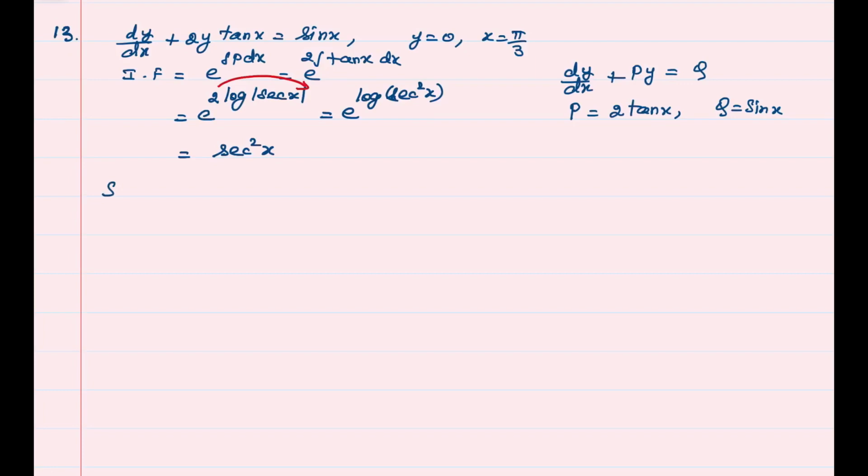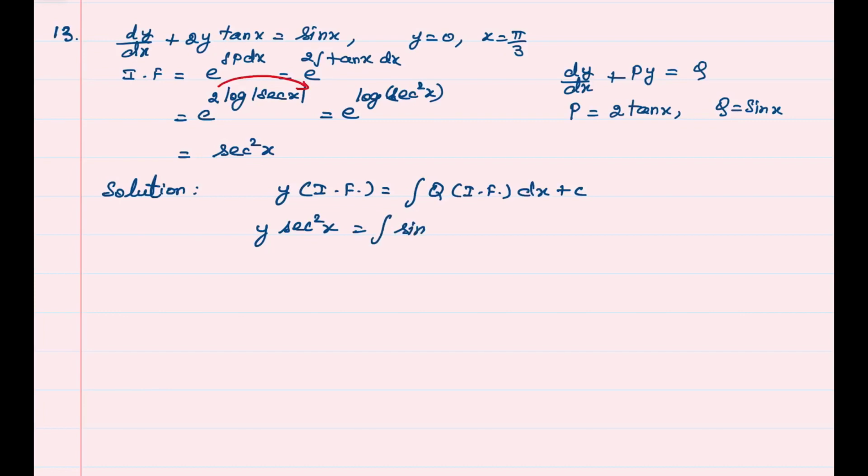We will write the solution formula. y times the integrating factor equal to integral q times the integrating factor dx plus c. The integrating factor is secant square x and q is sin x.